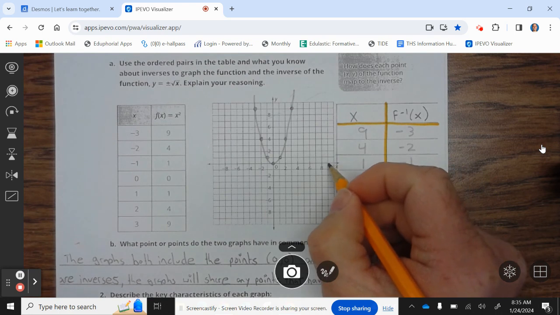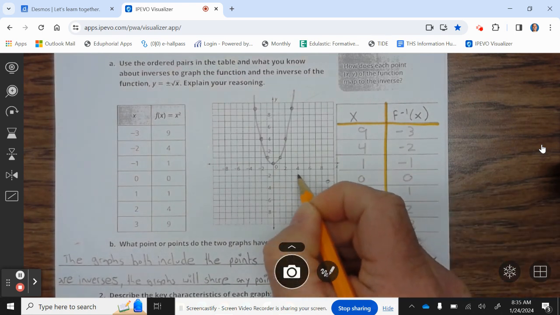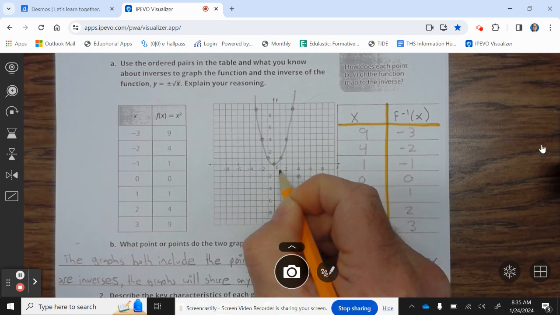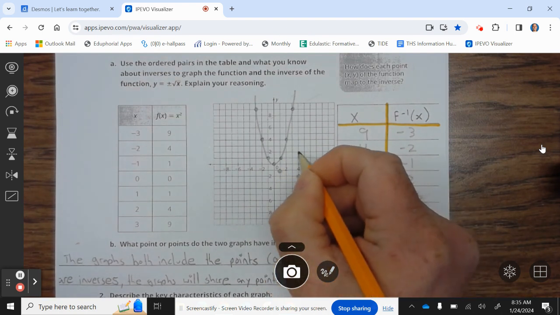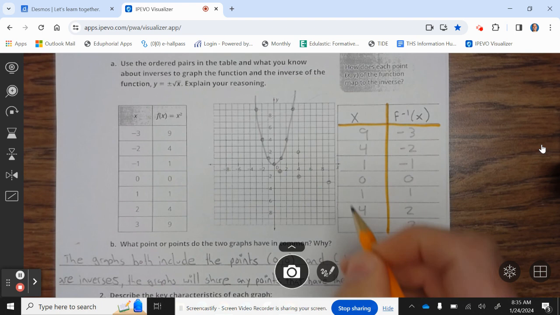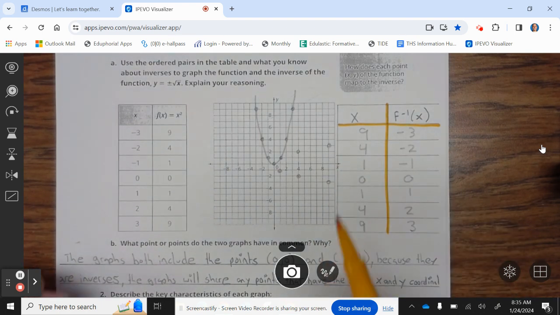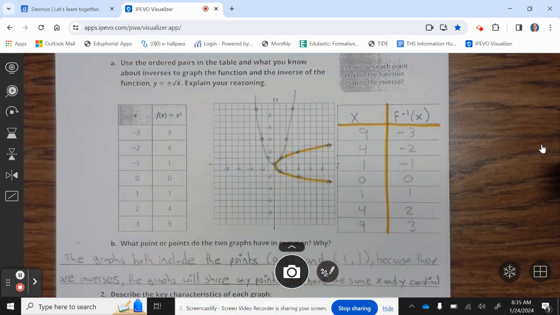So 9, 3; 4, 2; 1, 1; 0, 0; 1, negative 1; 4, negative 2; 9, negative 3. All right, go ahead and finish up the graphs.